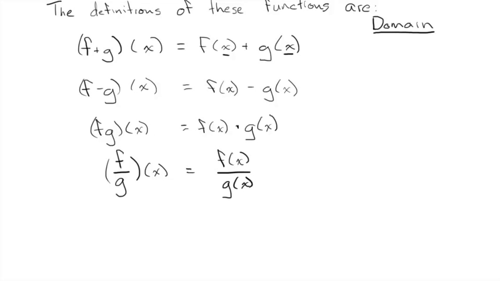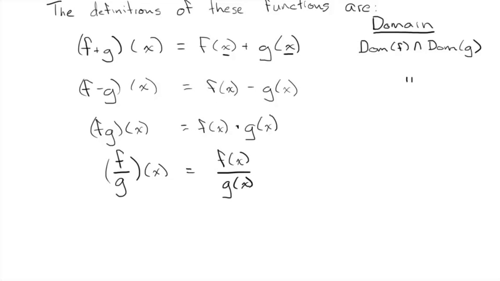So the domain of this function is going to be the domain of f intersected with the domain of g. What that means is the domain of this function is going to be all the numbers that are in the domain of f and g.